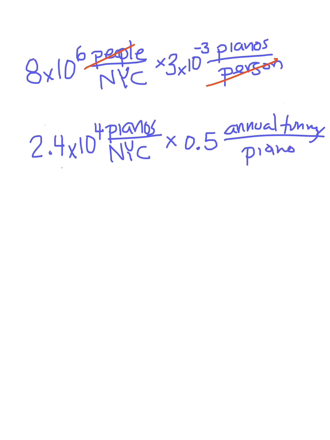And we can, once again, look at the units, and the multiplication is rather simple this time. It is 1.2 times 10 to the 4 annual tunings per New York City.